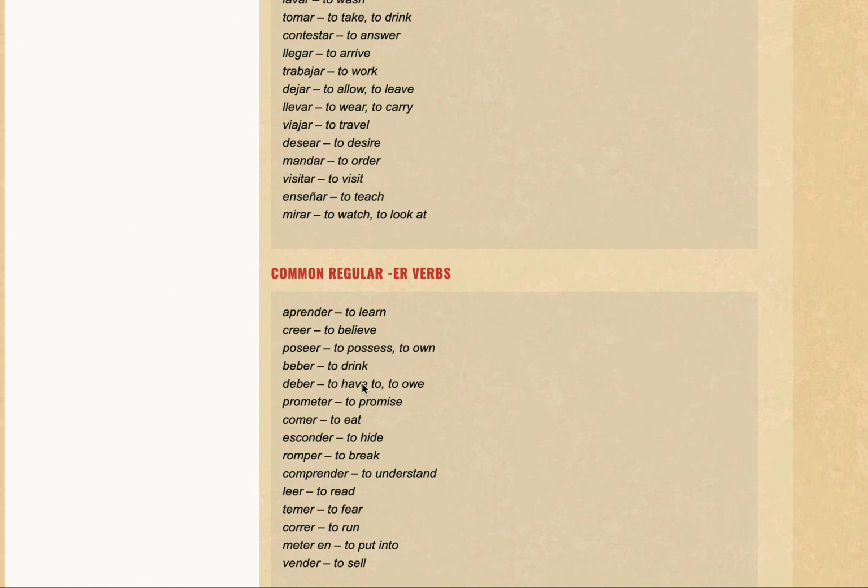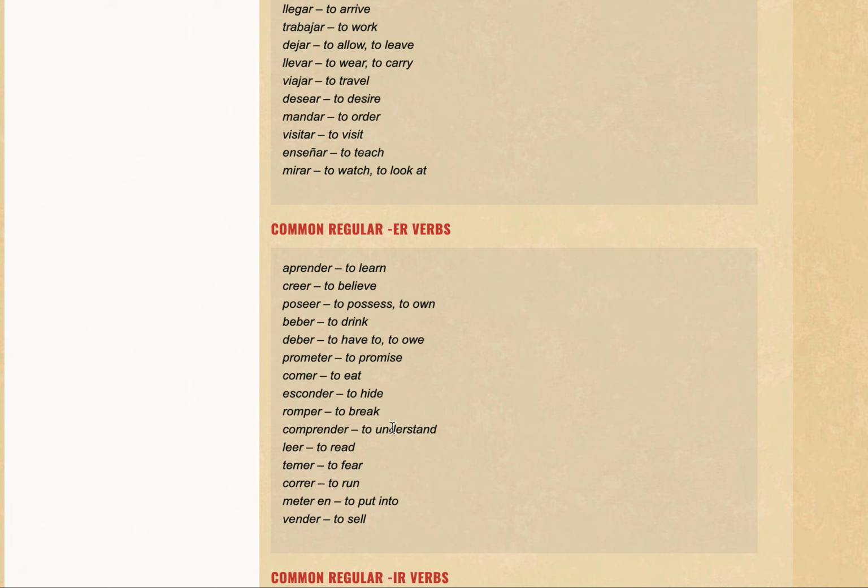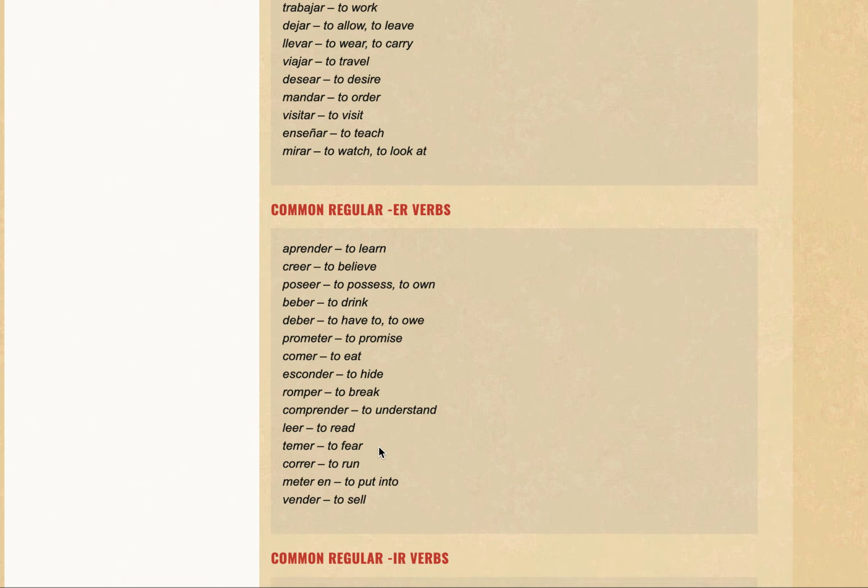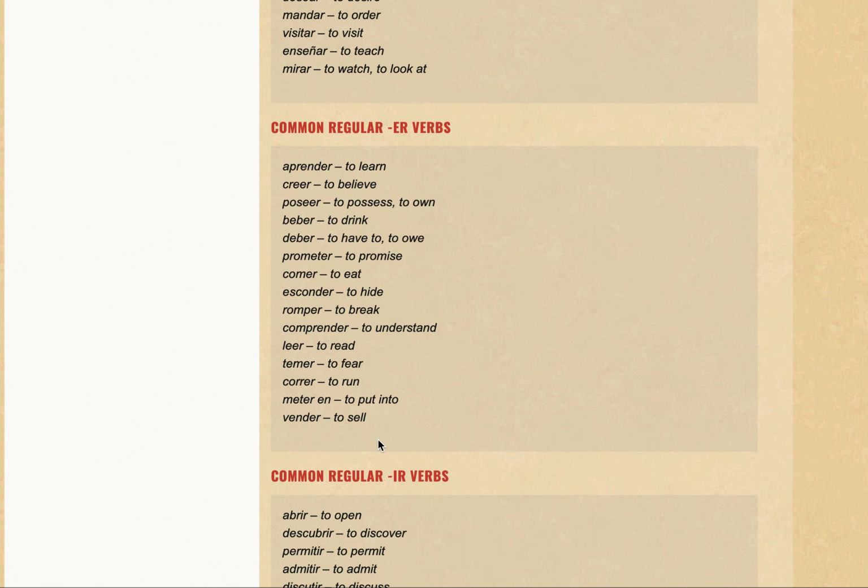And then we have er verbs: creer, to believe, beber, to drink. We've seen it a few times in the mini test and the basic quiz, right? Comer, seen a lot. Comer, to eat, leer, to read, correr, to run.